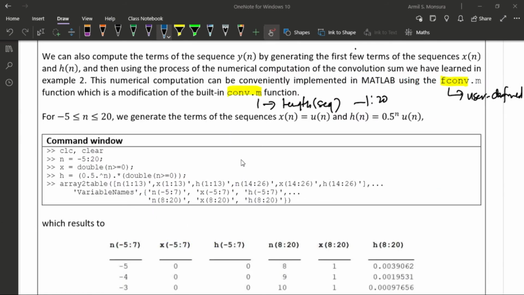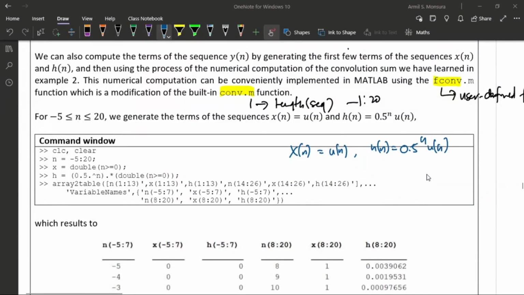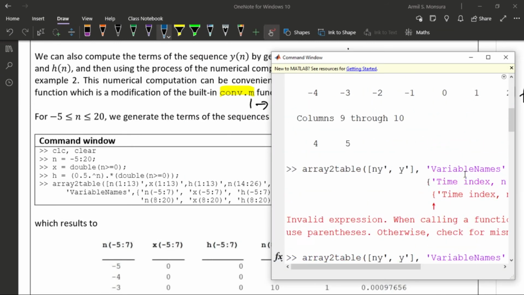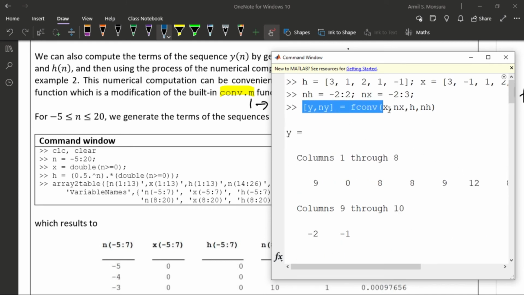Now, going back dito. Okay? So, since meron tayong x of n, which is u of n minus u of n, at saka h of n, which is 0.5 raised to n, u of n. Actually, pwede natin gamitin itong numerical convolution sum function na to. It's just that may caution lang tayo kapag infinite duration sequence yung gagamitin natin to do the numerical convolution sum.